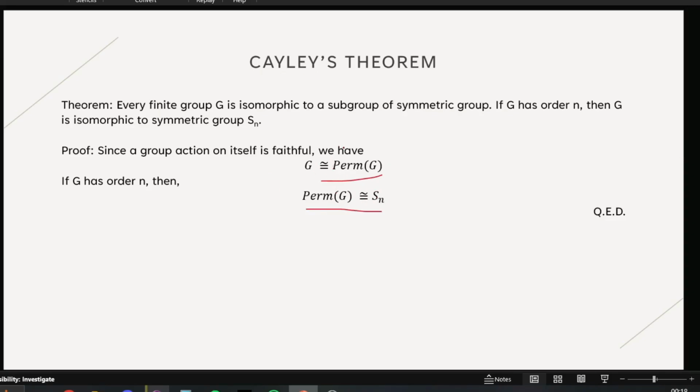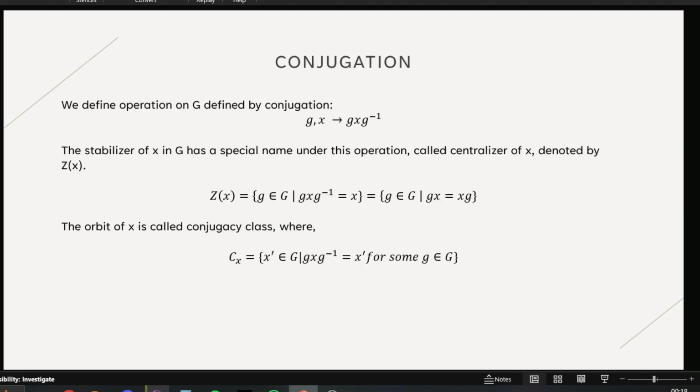So this was what we had to claim. This simply comes because the action is faithful. If this action is not faithful, then we will not have Cayley's theorem be true.